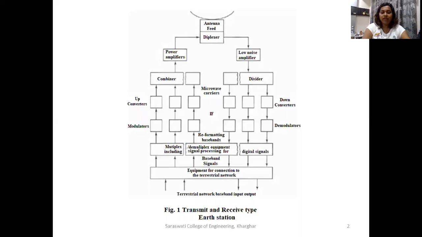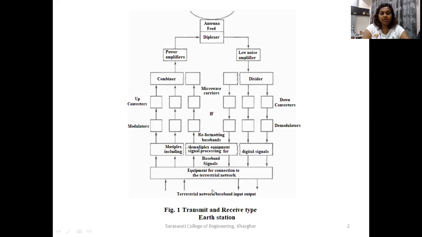Now this figure, figure 1, shows the transmit and receive type Earth Station. If we start from the bottom, the first block shows the interconnection equipment which is required between the Earth Station and the terrestrial network.